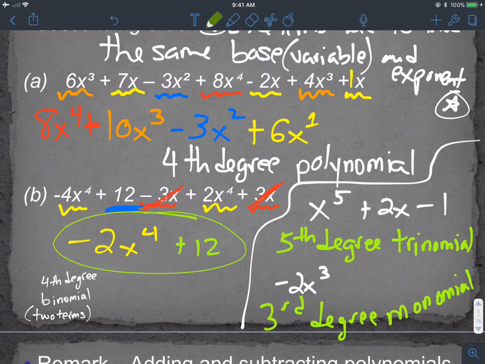Any questions? That covers the whole first section. So any questions on the polynomials or the degrees or combining like terms?